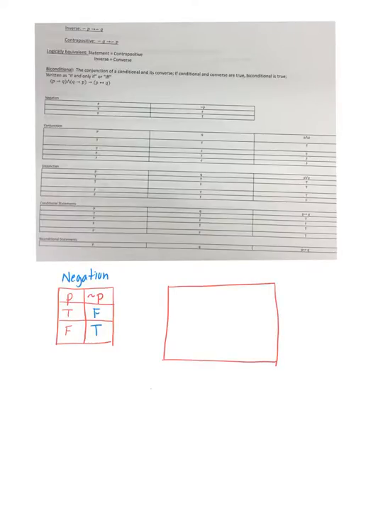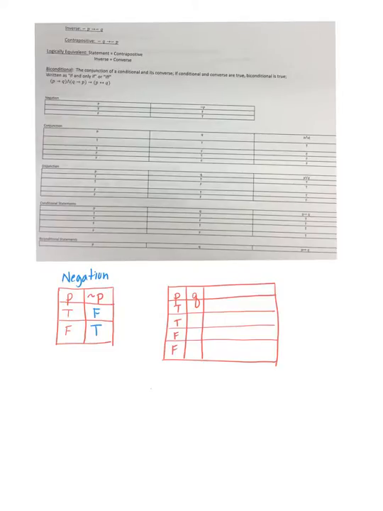Now, when I make a truth table, I'm going to put P in the first column and Q in the second, and if I had an R, I'd put it in the third column. Again, we're going to do that later. Then I'm going to put all the possible combinations of truth values that I can come up with. Well, my P, I'm going to always have true, true, false, false.